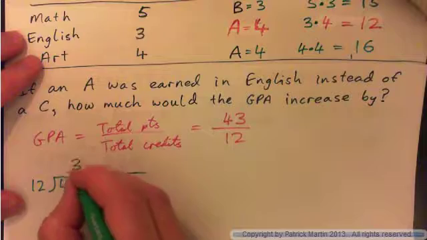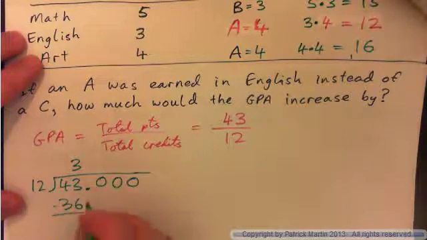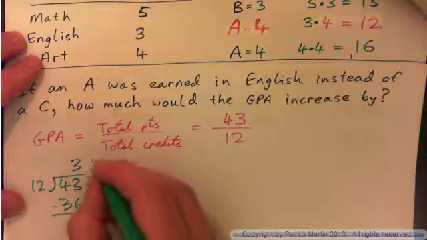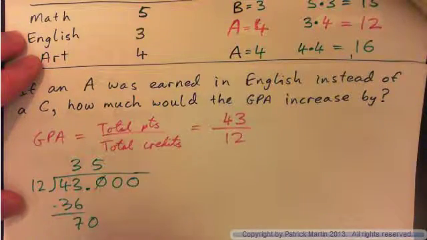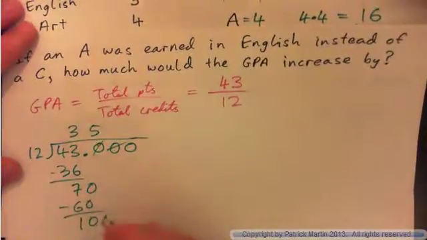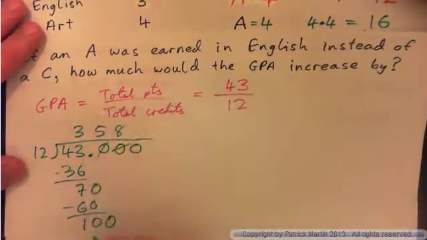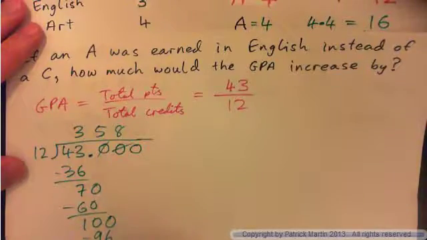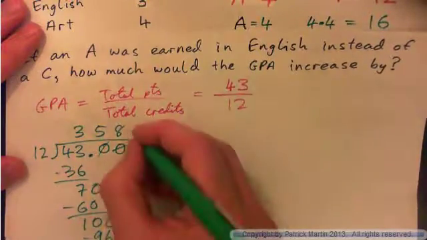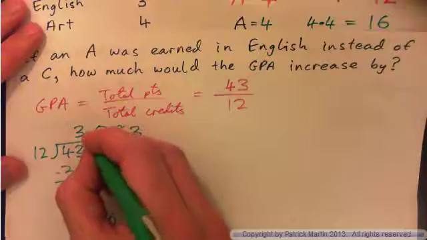Well, the 43 goes 3 times 36, subtract, 7, bring a 0 down, 12 into that goes 5 times. 5 times 12 is 60, subtract and I get 10. Bring a 0 down, 12 into that goes 8 times, and I get 96, subtract, and I get 4, bring a 0 down, and that goes 3 times. The decimal point goes up here.